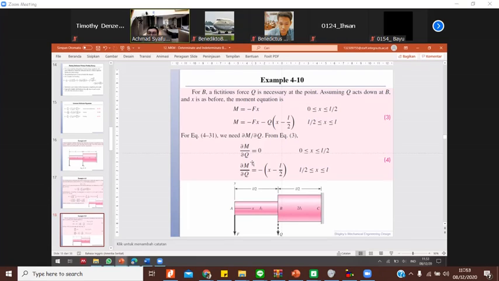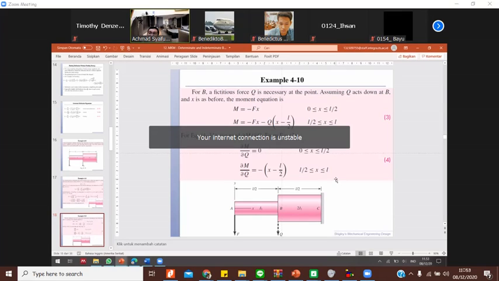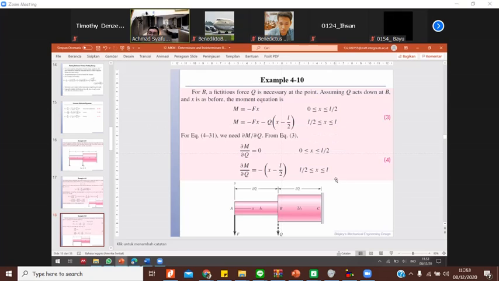There are two parts, from 0 to 2 and from 0 to 10. For the first part, we just need this equation, but the derivative with respect to q is equal to 0, right?